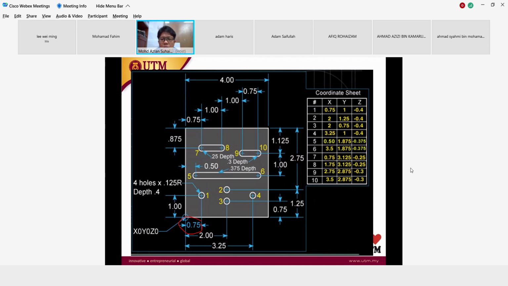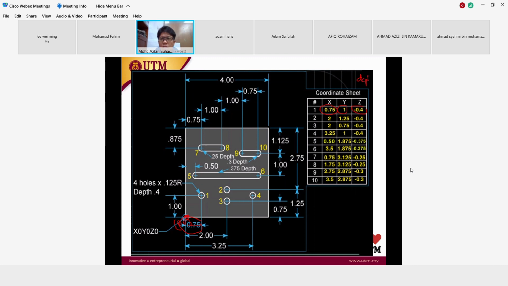You have to write all these dimensions from a datum. For example, here is the datum, meaning the 0,0 position, a reference point. For example, X is 0.75, Y is 1. Z is, for example, the depth of cut, the depth of the hole.